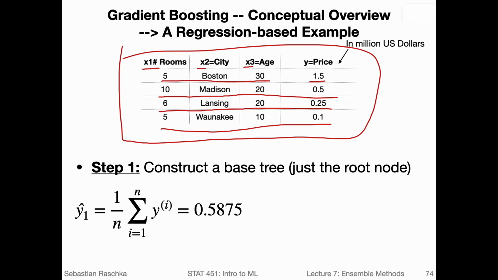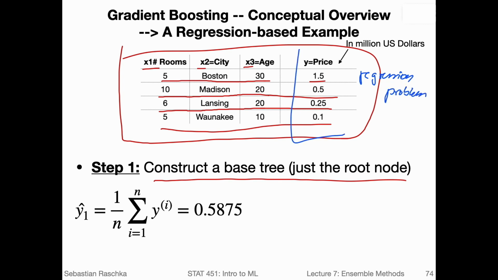And so recall, step 1 is constructing the base tree, so constructing the root node. So the root node in a regression context, so here again, this is a regression problem, and the task is predicting the target here. This is our target, and this whole thing is our training set.